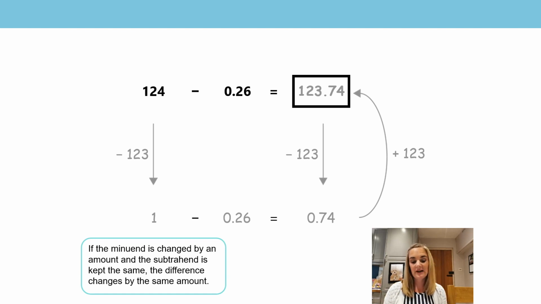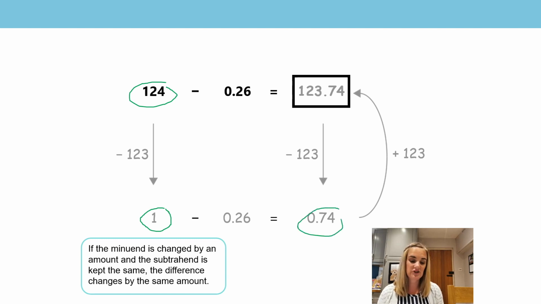Okay, so just to clarify for this part now, you can see here our minuend decreased by 123 to get us to 1, that easy related fact, the 1 subtract 0.26. So if that decreased, we can then solve the calculation with our related fact, but then we need to think, what do I need to do to go back to the original calculation? Well, if we think about our original generalisation, if the minuend is changed by an amount and the subtrahend is kept the same, the difference changes by the same amount.